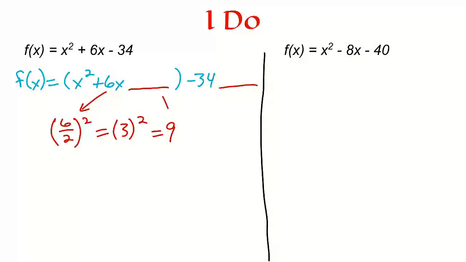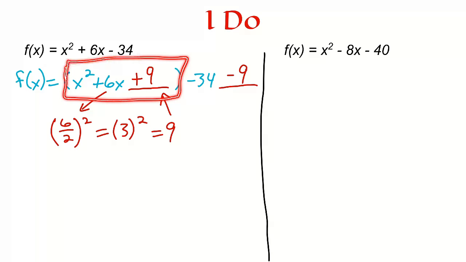So here I add 9, and to balance it, I have to subtract 9 out here. Now, I'm not going to factor using the generic rectangle and diamond, though that might be what you do. I'm just going to rewrite it in factored form.